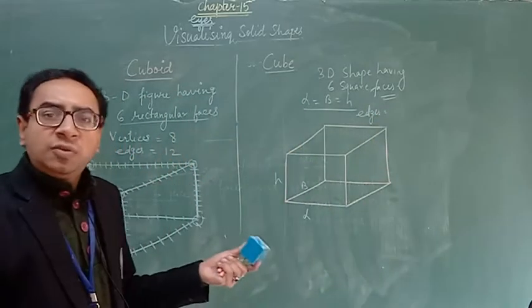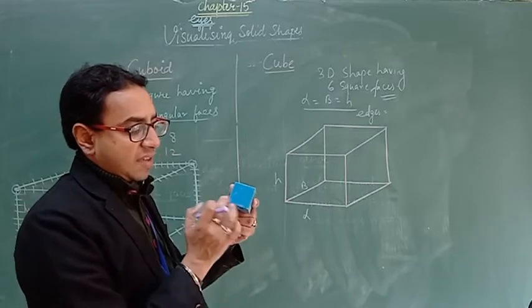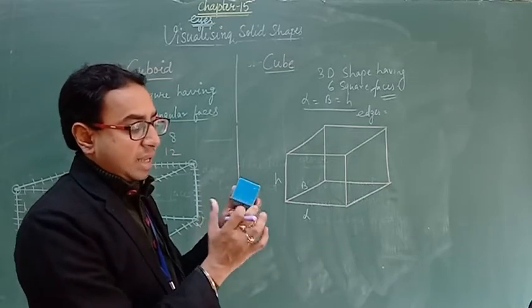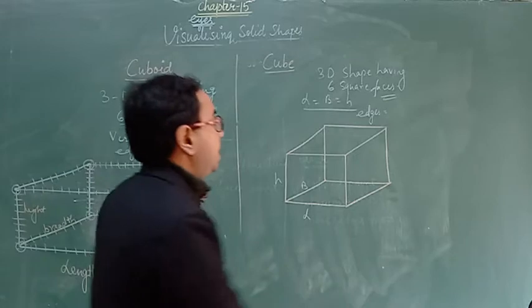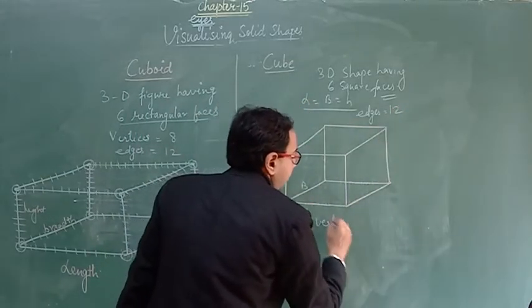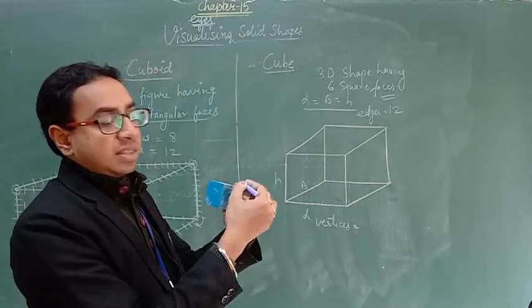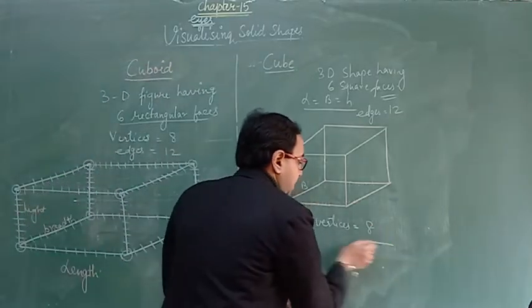Only the cuboid, no? It will remain 1, 2, 3, 4, 5, 6, 7, 8, 9, 10, 11, and 12. 12 edges are there. How many vertices are there? Vertices, if I talk about, 1, 2, 3, 4, 5, 6, 7, 8. 8 vertices. They are identical in shape.